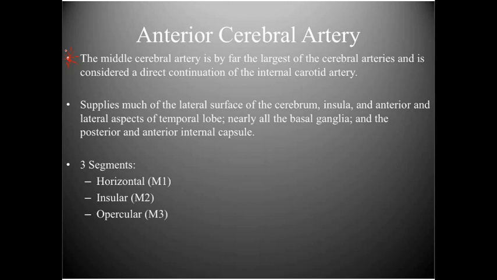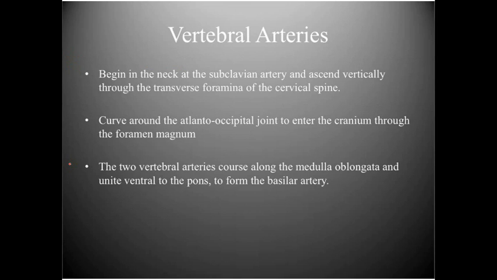And it supplies much of the lateral surface of the cerebrum, insula, and the anterior and lateral aspects of the temporal lobe, nearly all of the basal ganglia, and the posterior and anterior internal capsule. And so there's three segments. There's horizontal, insular, and opercular. But basically, all we're going to go with is the middle cerebral artery. So I'll know that there are three segments, but you will not be responsible for actually delineating these.